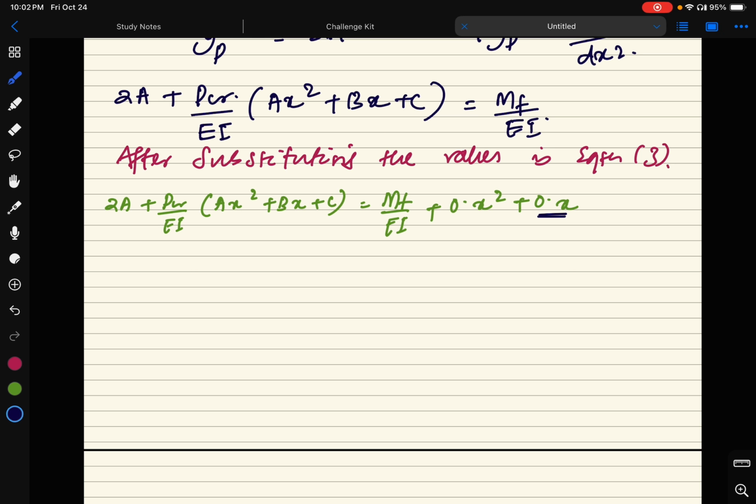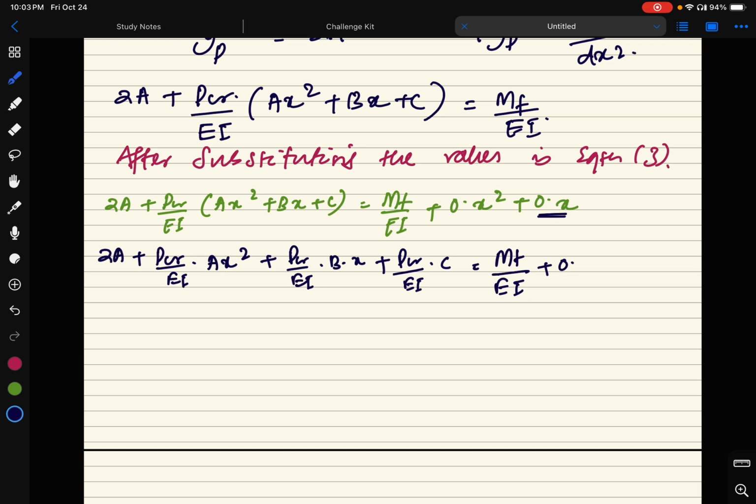So just to give you an idea, 2a plus we have PCR by EI dot x square, again PCR by EI dot bx plus PCR by EI dot c. On the right hand side we got mf by EI, so 0x squared plus 0x.